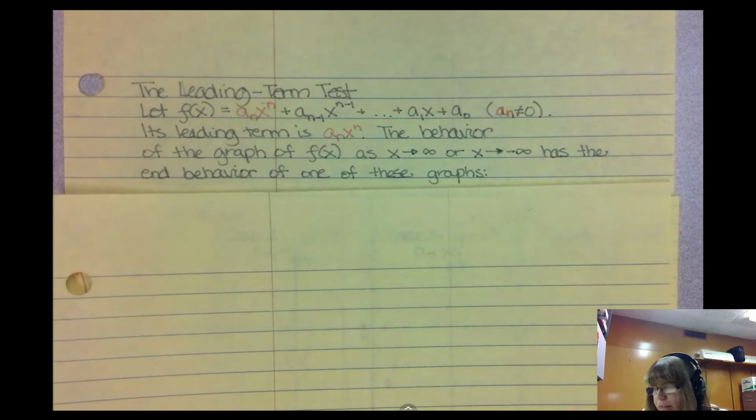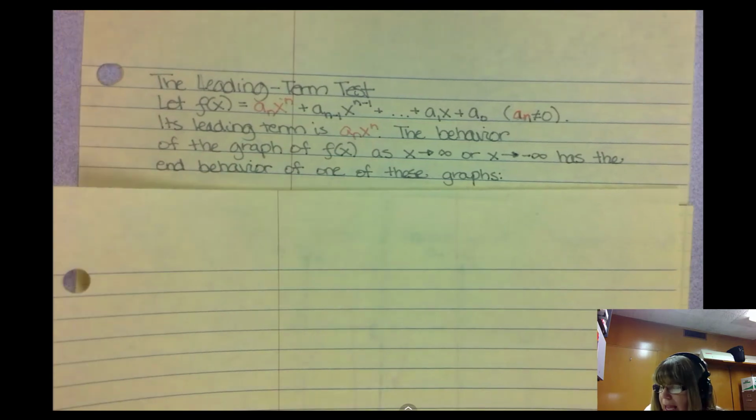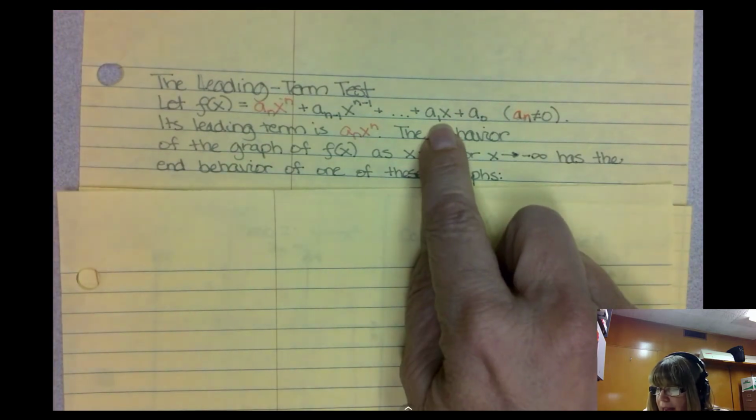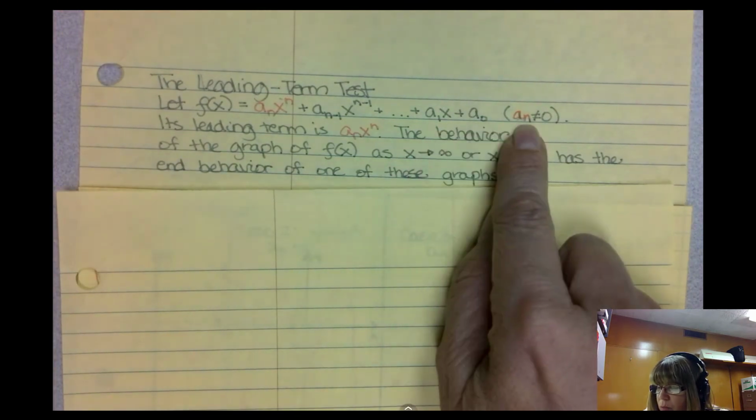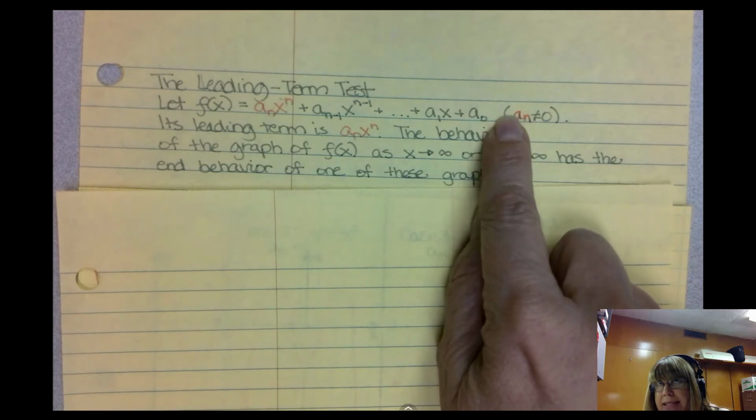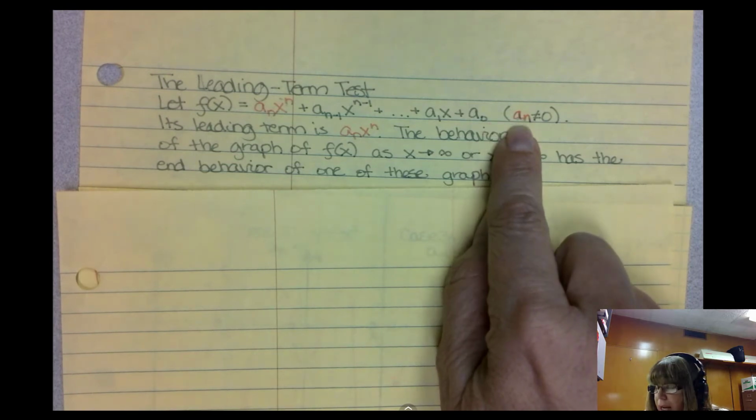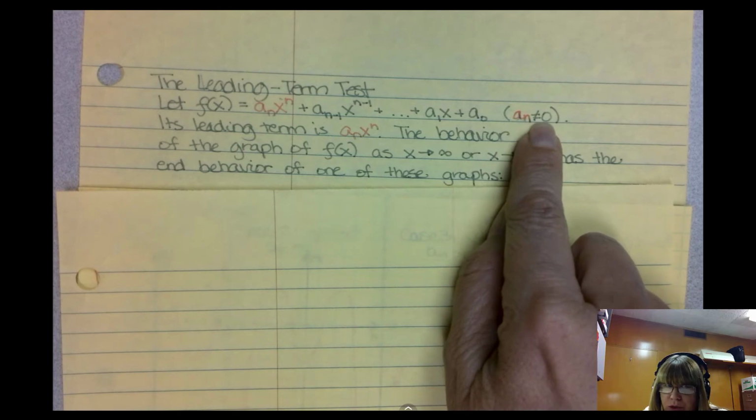We're going to let our function f of x be a sub n x to the n plus a sub n minus 1 x to the n minus 1, all the way down to a sub 1 x plus a sub 0. And we want this a sub n not equal to 0.